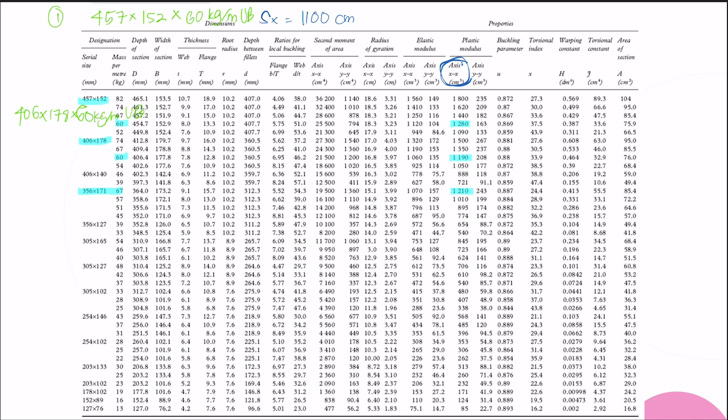And then the other one is 356 times 171 times 67 kilogram per meter UB. Okay. So this is 1, 2 and 3.